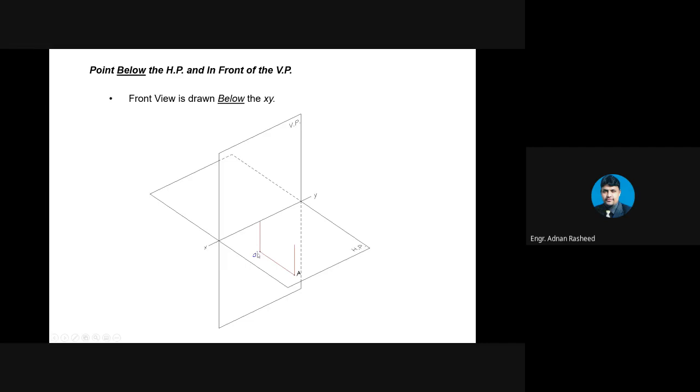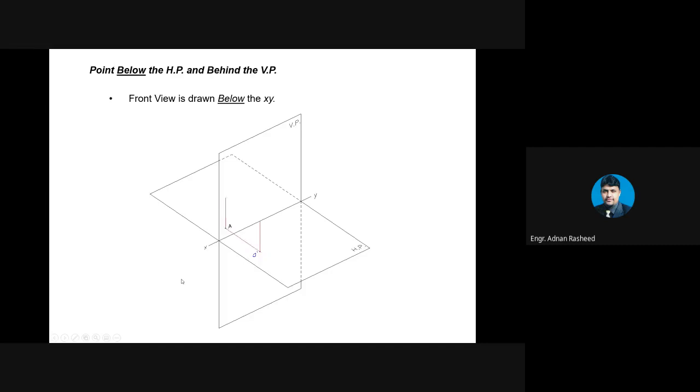This point is actually projected on this vertical plane and the projection is represented by A dash. You can see this point is in the fourth quadrant because it is below the horizontal plane and in front of the vertical plane. So this is the scenario. And you can see that here the projection, the frontal view, is below the XY line.